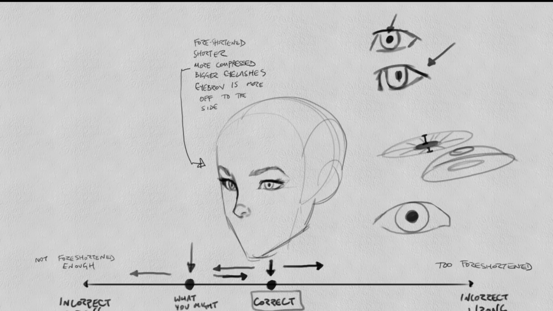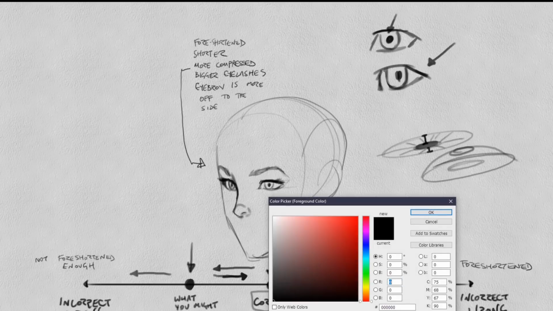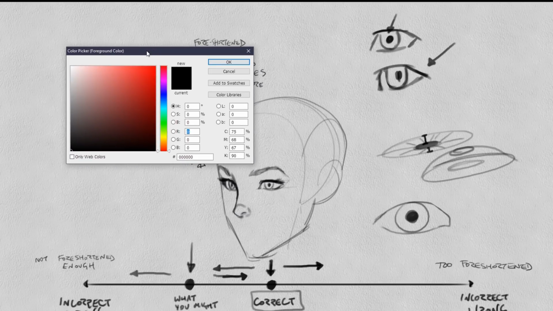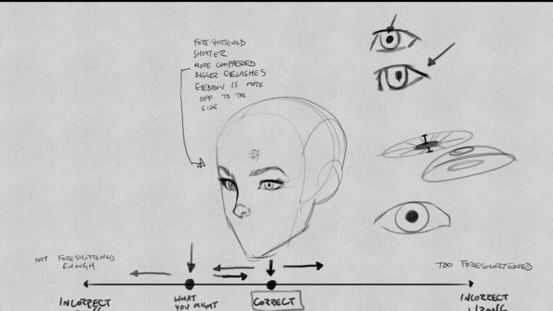For instance, let's say we were dealing with color. Let's say we're dealing with skin color. So maybe we've got a skin color, something like that, for this person. Now let's do the shadow color.